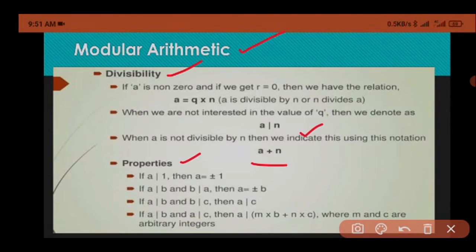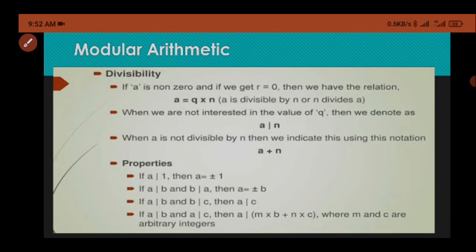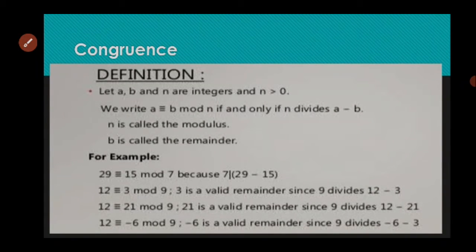If A divides B and B divides A also, then A should be equal to plus or minus B. If A divides B and B divides C, then A must divide C. And if A divides B and A divides C, then A divides M times B plus N times C, where M and N are arbitrary integers. We can verify it using our own examples. We can take A, B, C as any numbers.